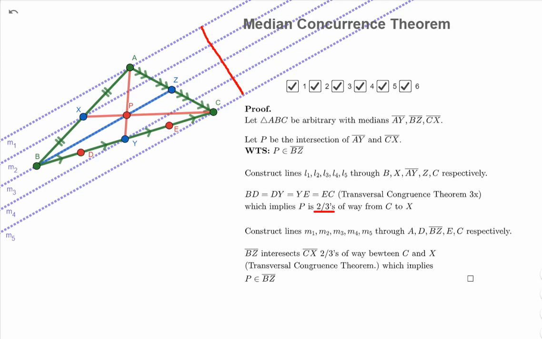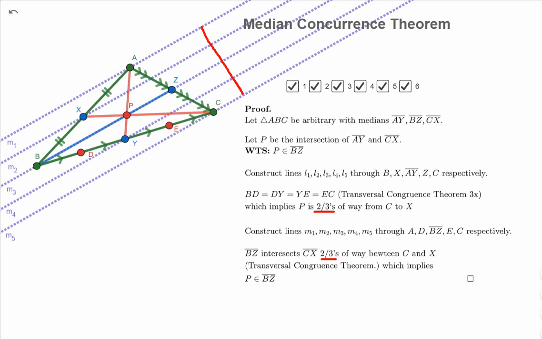I create 5 parallel lines using one median, and then create 5 parallel lines through another median, which proves this relationship along the 3rd median, that the concurrency point is 2/3 of the way from C to X. So that's how the proof goes.